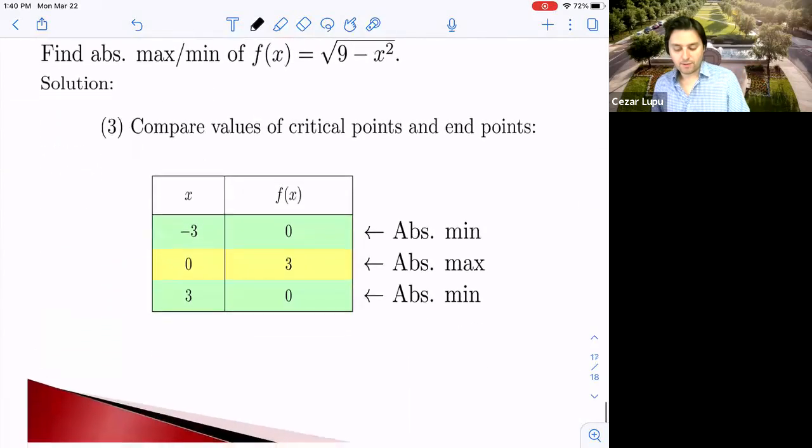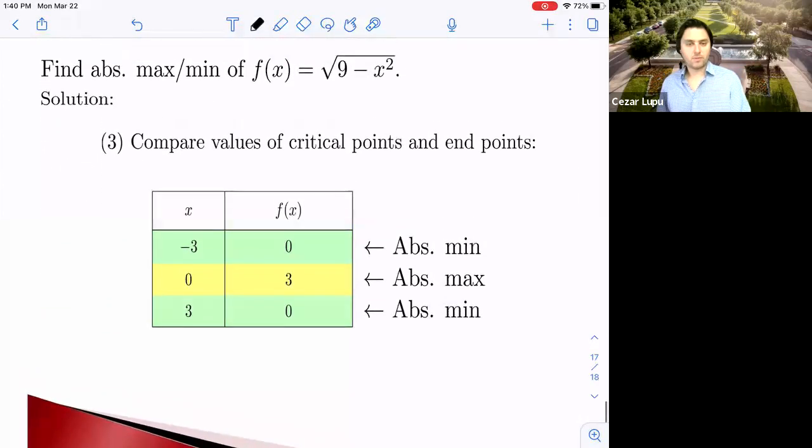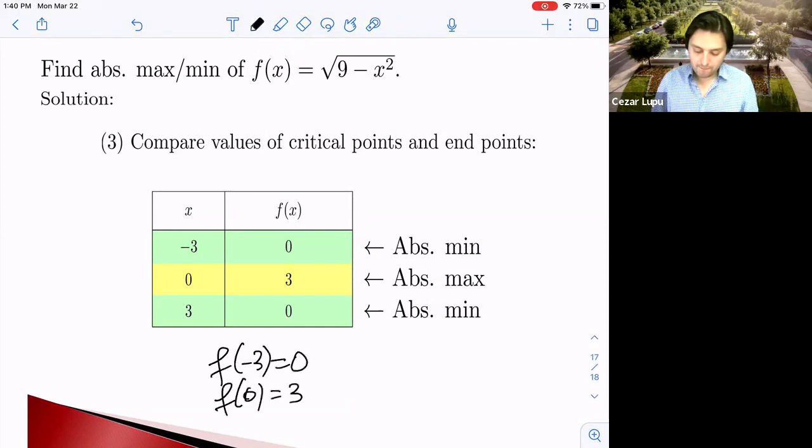So we'll have the following chart. I want you to look at it. Wow, we have 2 absolute mins. So f evaluated at -3 is 0. So let me write it here. F of 0 is 3, and f of 3 is 0.